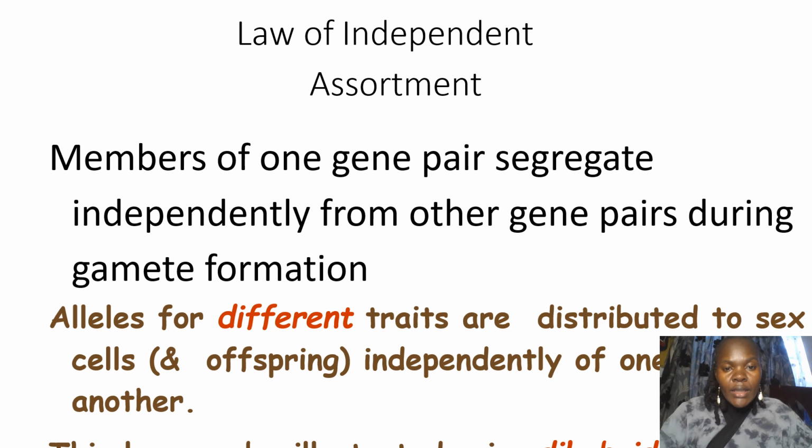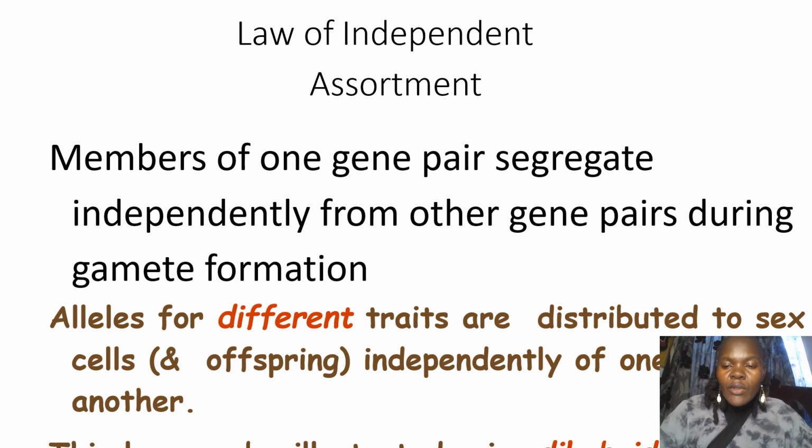It says that the members of one gene pair, we are talking about the alternate forms of a gene, that is the alleles, will segregate independently from other gene pairs during gamete formation.